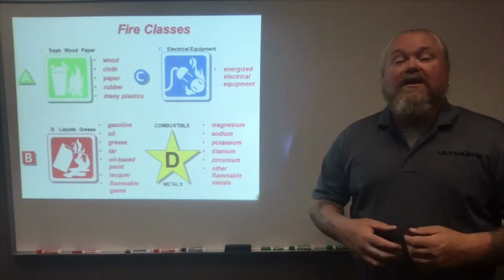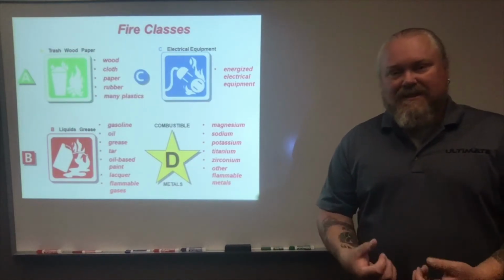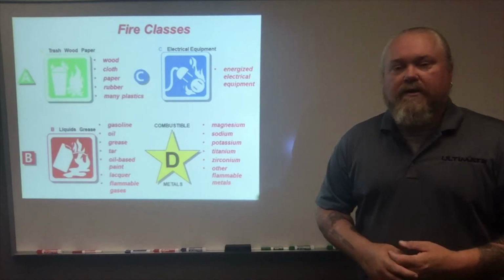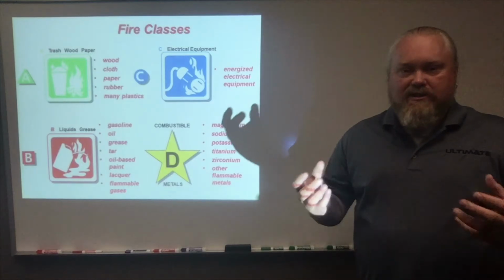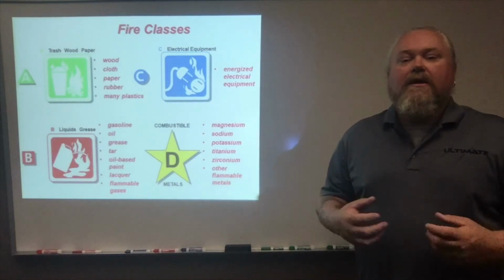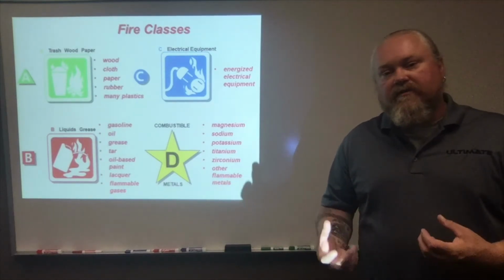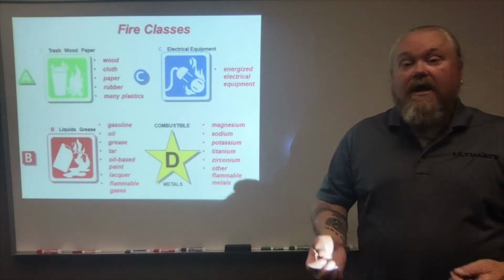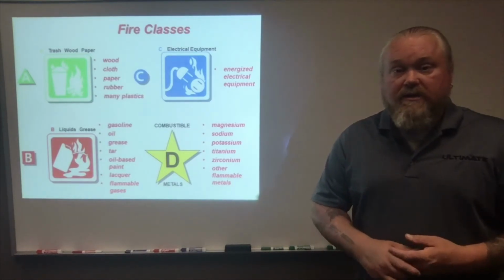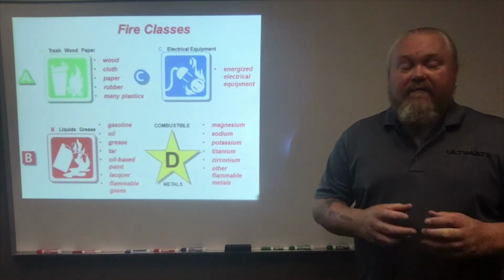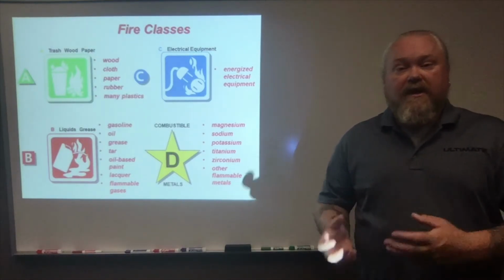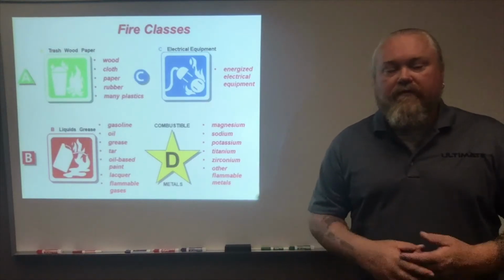Class C fires are electrical, or what we call resistance-generated, energy-generated fires. These will start out as a spark, arc, and flame and get so hot that the surrounding materials will continue to burn, and not so much the electrically conductive material like copper or aluminum. C usually generates an A or B fire, whatever it's roughly connected to.